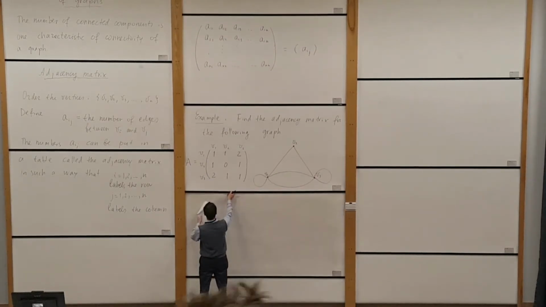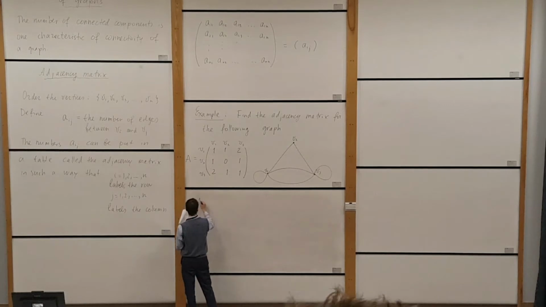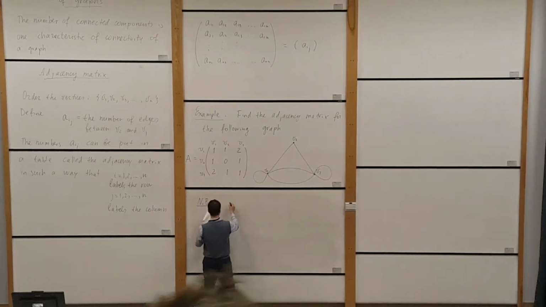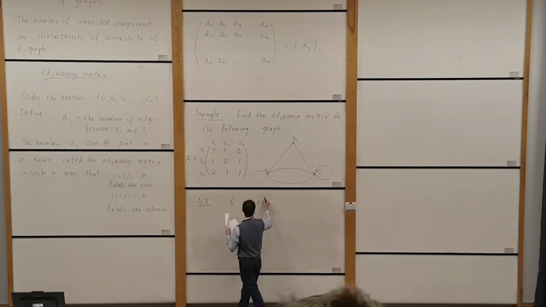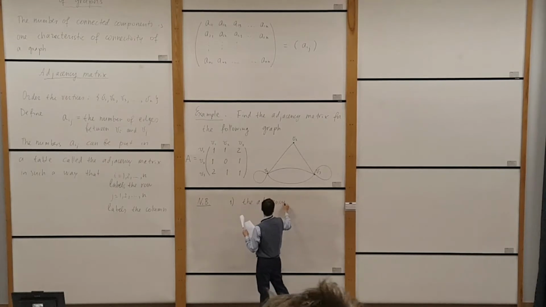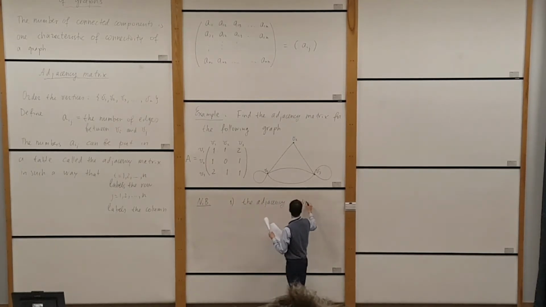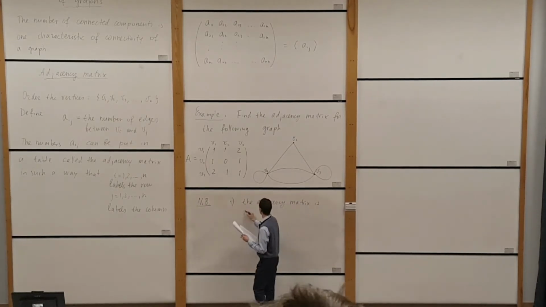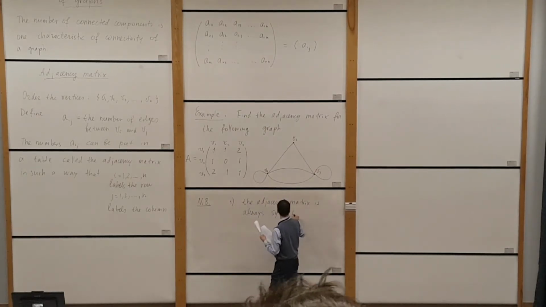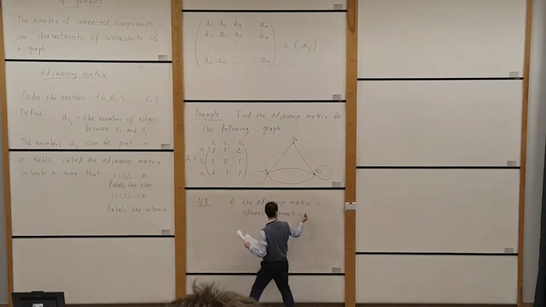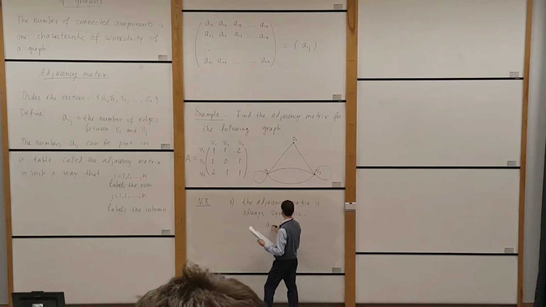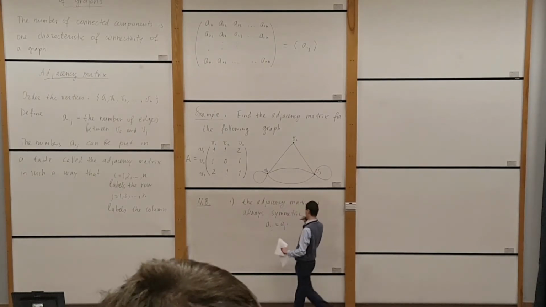So let's write this down. This is a general property, so a note worth making. The first note is that the adjacency matrix is always symmetric, which means that Aij is equal to Aji.